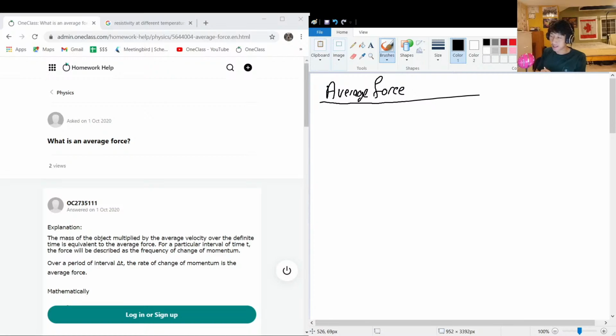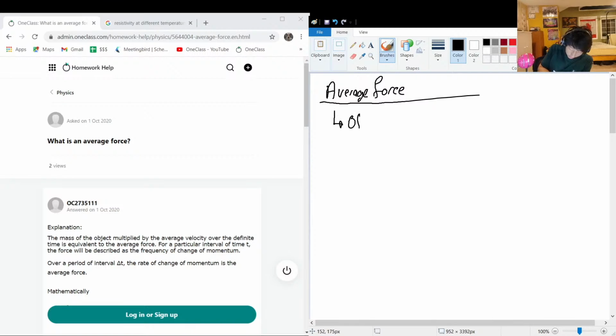If we just have a list of 10 forces, to find the average force you add them all up and divide by 10. But that's generally not what you're going to be doing. An average force is generally going to be like, if you have a mass that increases its velocity over a certain period of time, what was the average force exerted on it?